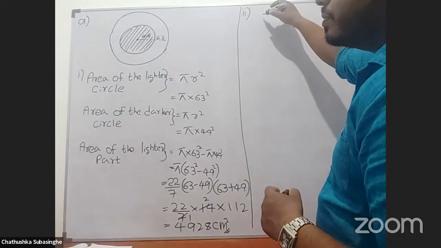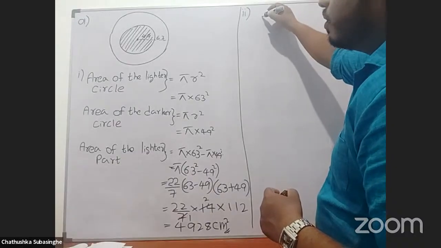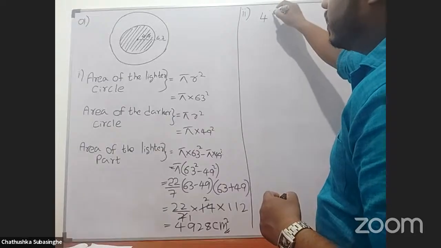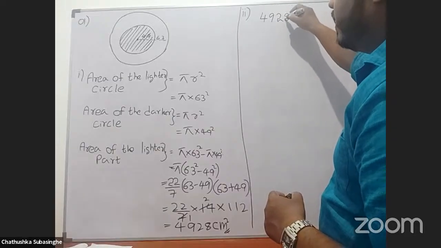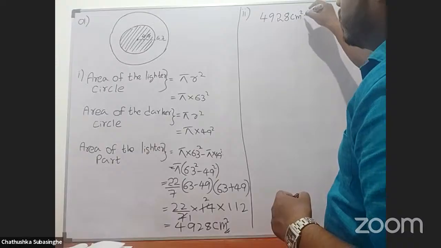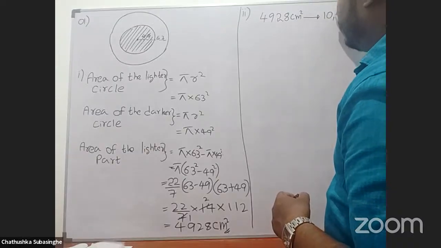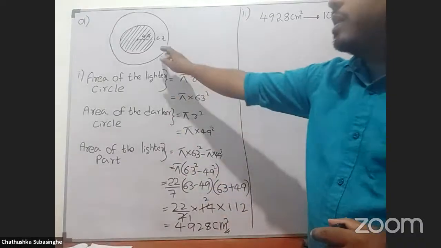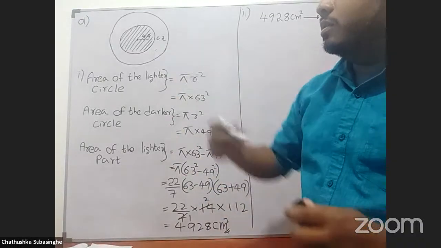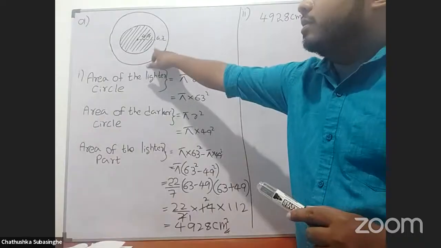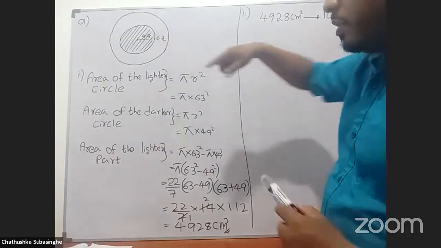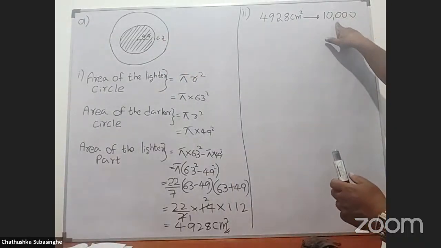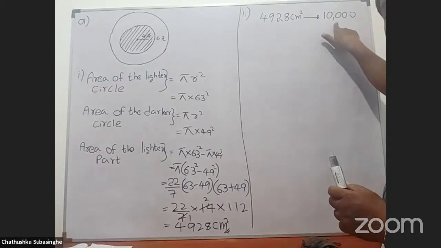So to make 4,928 centimeters square into 10,000. Why? This 4,928 centimeters square means this one, right? This lighter part. So that costs 10,000 rupees.